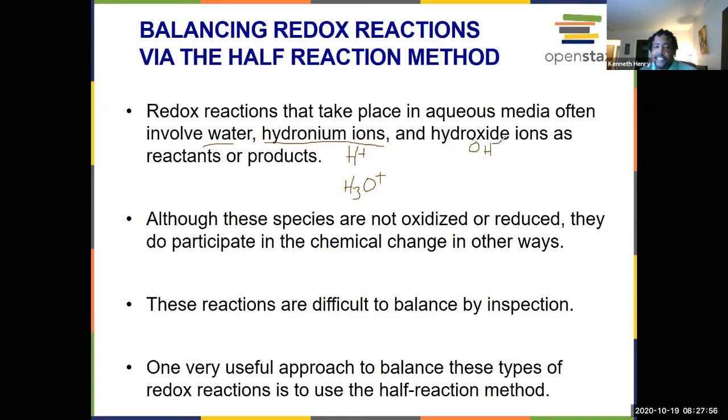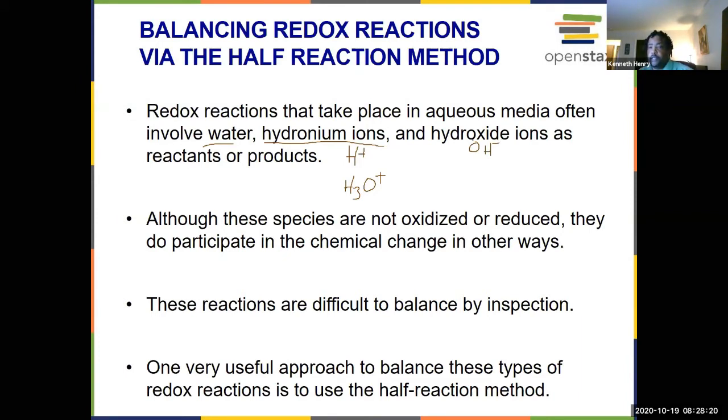Often it'll be really hard to balance certain equations just by looking at the equation itself, so this is one way, particularly for redox equations. The best approach is to start by breaking the reaction into two halves, an oxidation half and a reduction half.